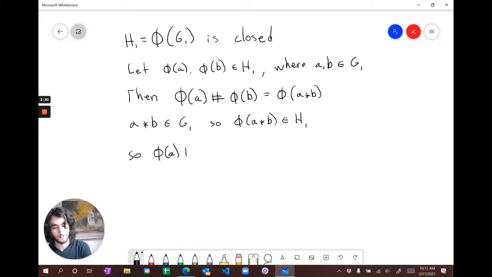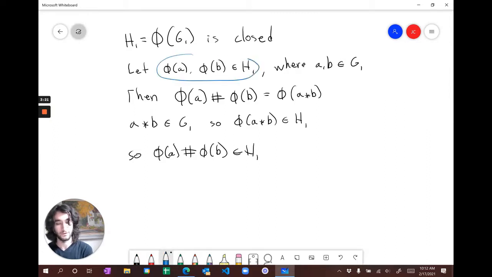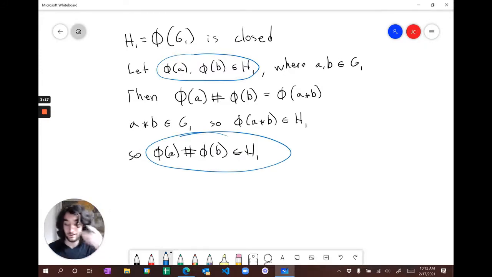We started off with two random elements of H1, and their product is also in H1. So that's what it means for H1 to be closed.